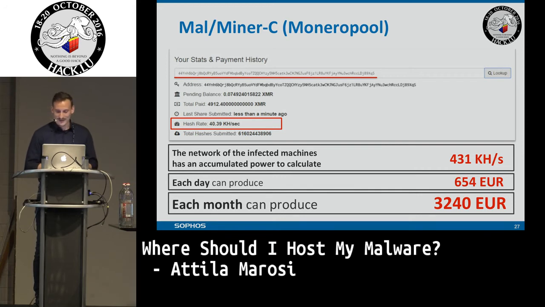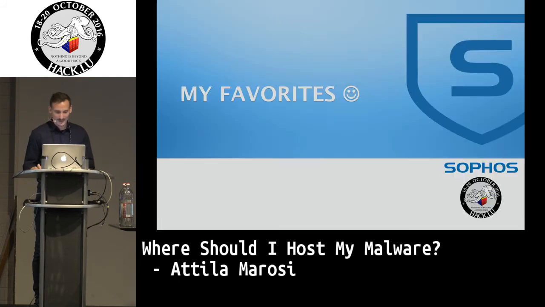As you can see, 6,000 euros each day, it's not bad, and 3,000, yeah, 3,000, it's very, very good for a month. So I think this was the first time we have exact data about the malware.